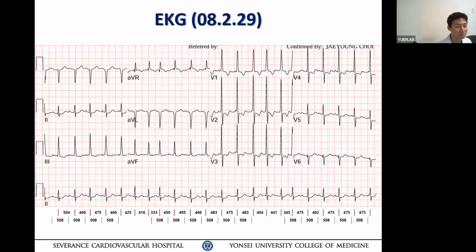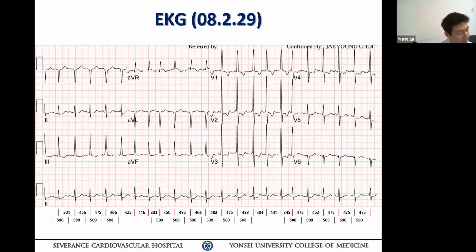The QRS RR interval is quite irregular. Did you measure that one by one by yourself? Wow. Thank you, I appreciate it. I also thought about this for a few days and wondered about it. Okay, great.